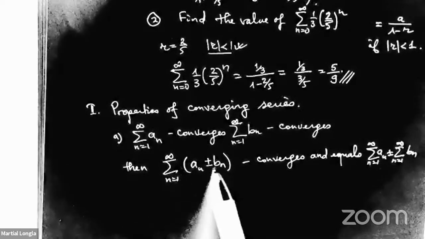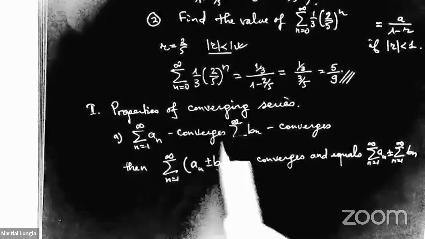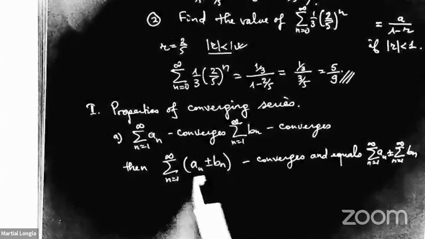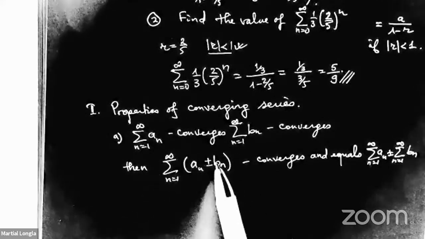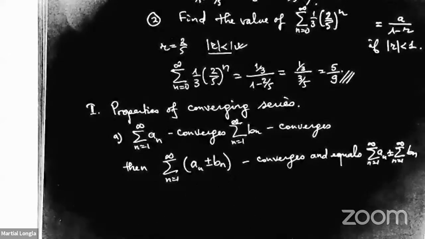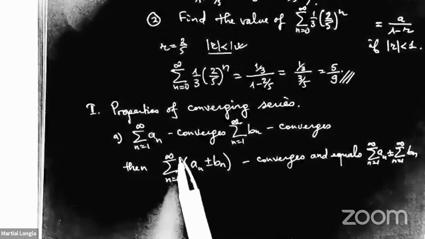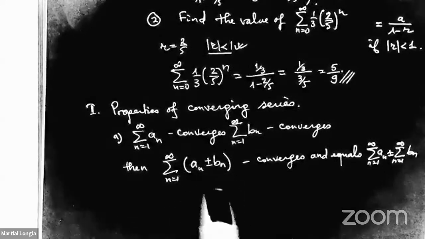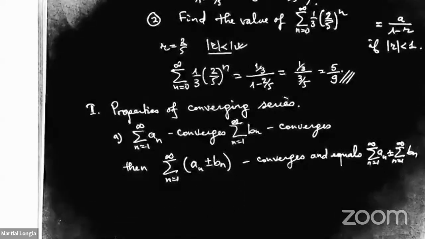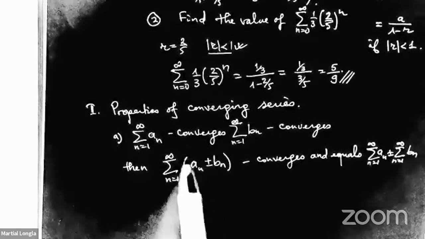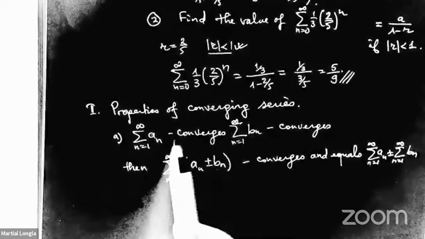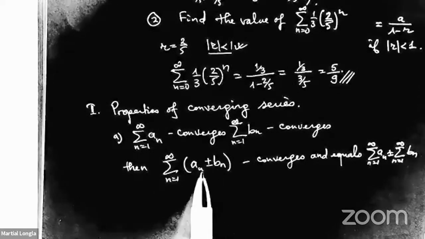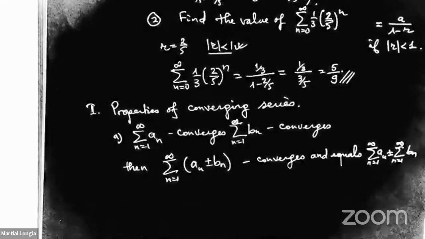So if each of them converges, this sum is going to converge and be equal to the sum of the first guys plus the sum of the second ones. So the sum of the difference will also converge to the difference of the two sums, right? But that is only if we start by having both of them converging. If they don't converge, then this rule doesn't work, right?